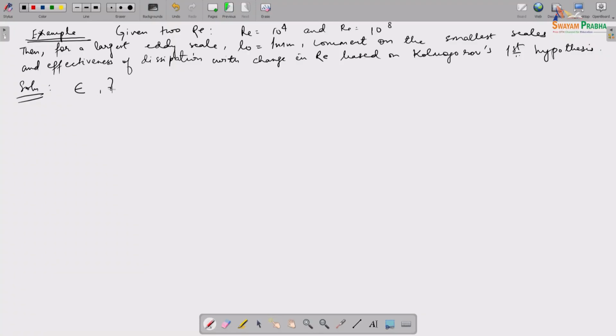Now hopefully you remember. In Kolmogorov's first hypothesis, we described length scale, velocity scale, and time scale using epsilon and coefficient of viscosity, right? We did that, and in that eta is essentially the length scale.